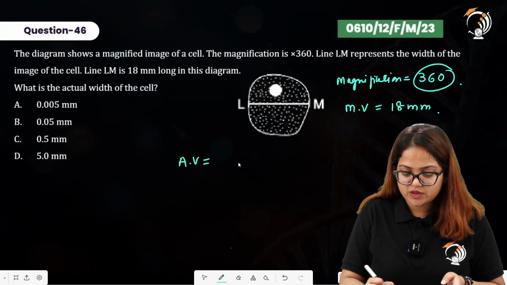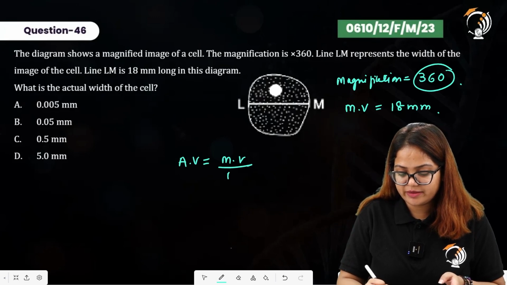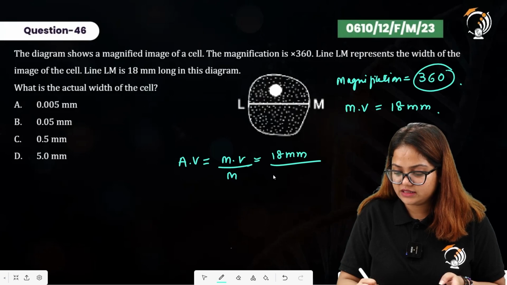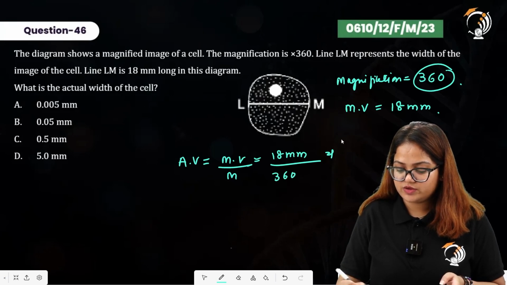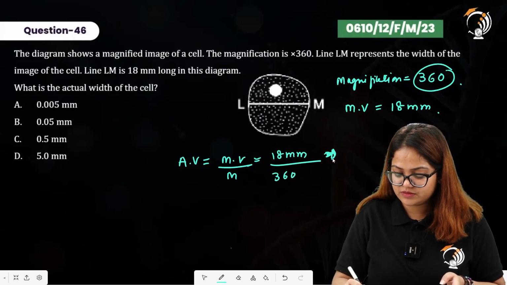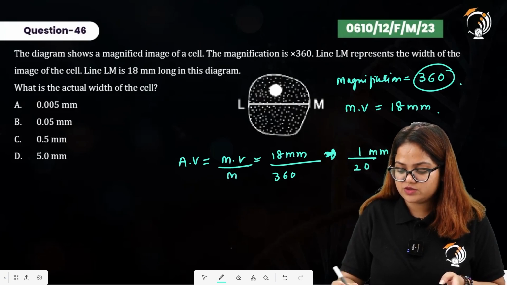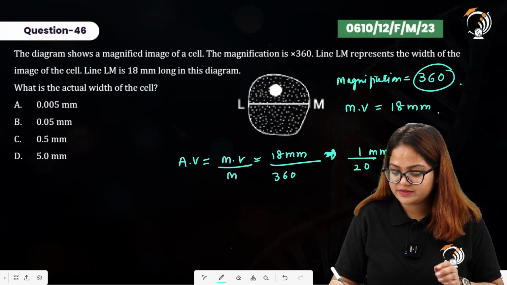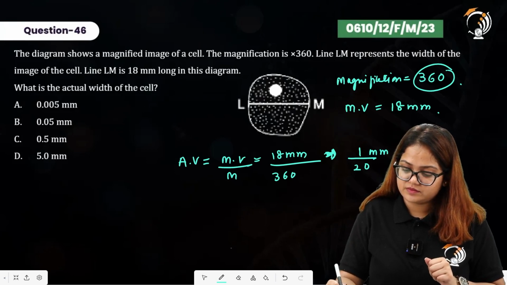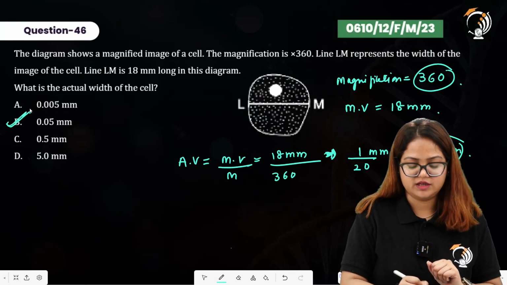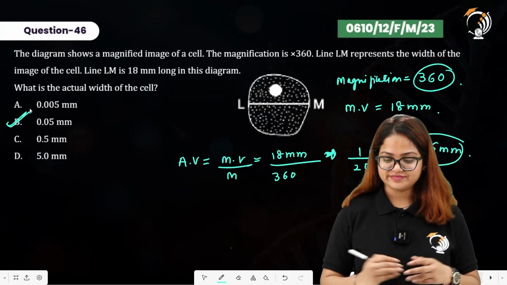The actual value is the magnified value divided by the magnification, that is 18 millimeter divided by 360. So we get 1 by 20 millimeter, or 0.05. This is the actual width of the cell. Option B is the right answer.